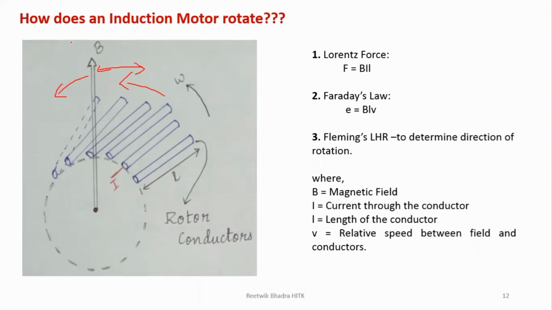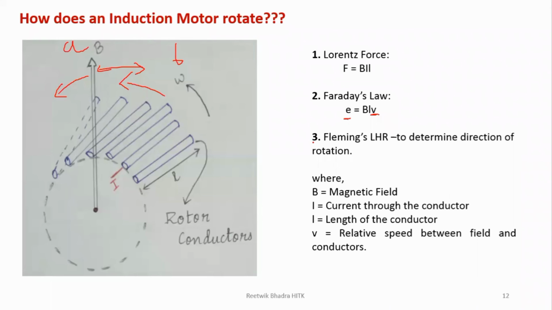If one is rotating at A and the other at B in the same direction, the relative velocity will be A minus B. So there will always be a relative velocity between your field and your rotor conductor. By Faraday's law, because of that relative velocity V, you will get an EMF. E is equal to BLV, where V is the relative speed between field and conductors.